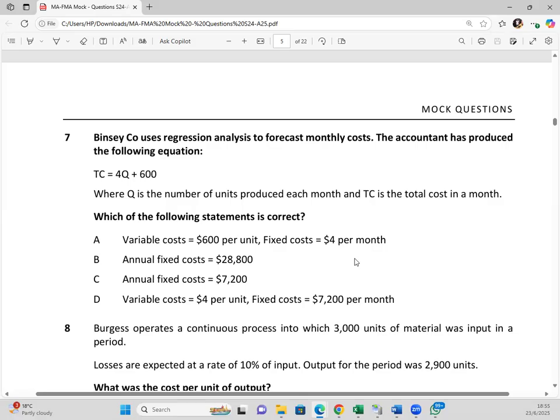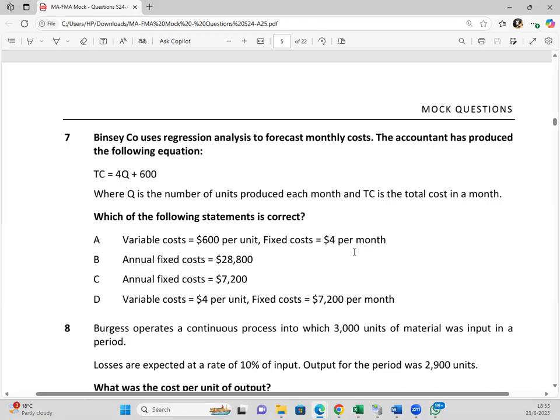C is 7.2, D is 7.2. What is the difference? D is saying it's per month. Per month, it's given as 600, but the annual amount is the 7.2.